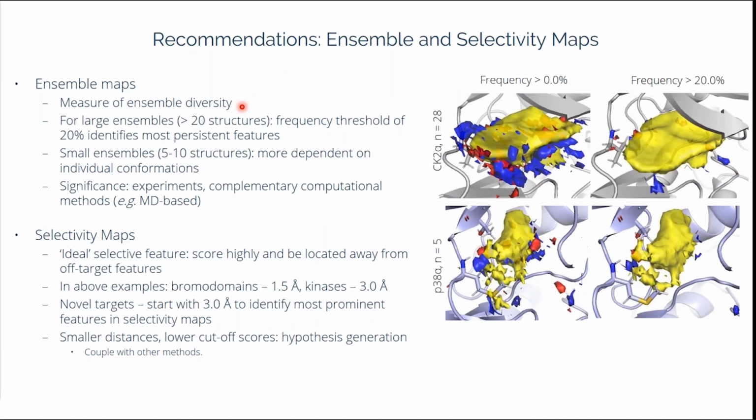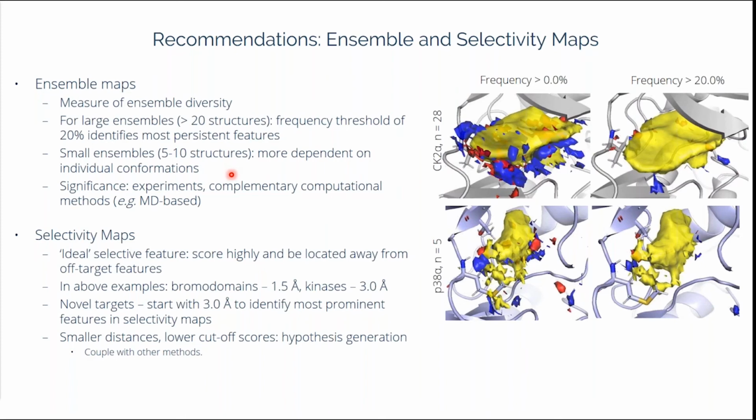In terms of size and frequency and method parameters for large ensembles, which in these cases we consider things with above 20 structures, a frequency threshold of 20% we found will identify the most persistent features. And the ensemble maps can also be used on smaller ensembles, which in this case would be something like 5 to 10 structures, with the caveat that the features observed in those maps would be more dependent on the individual conformations.